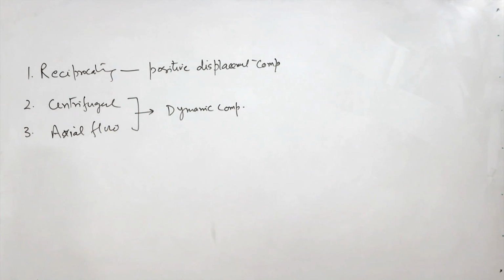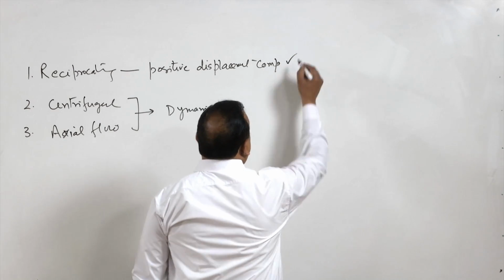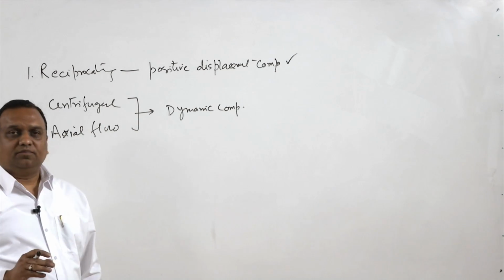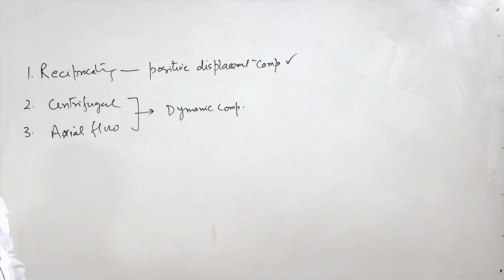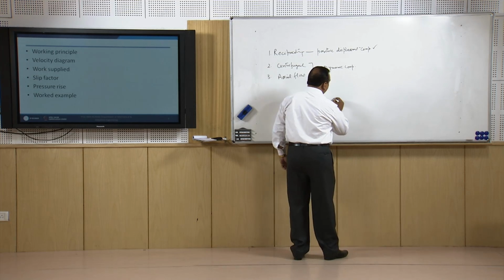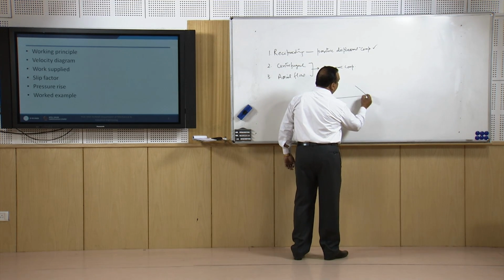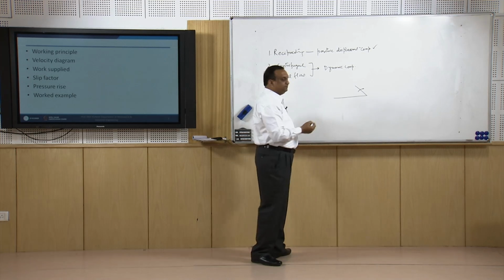Now, positive displacement compressors are used where high pressure ratio is required, but the mass flow rate is not very high in reciprocating compressors because they work on slider crank mechanism, as in the case of IC engines.